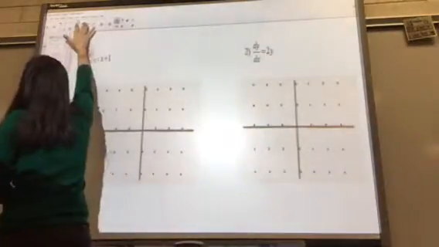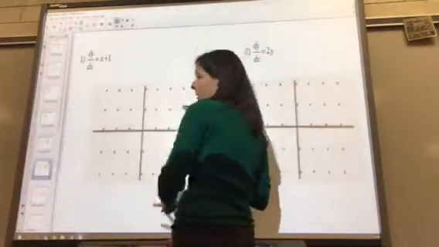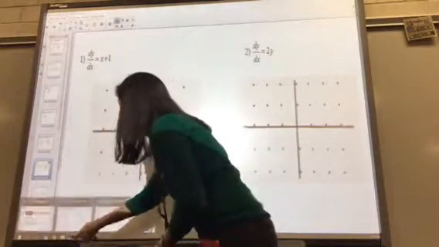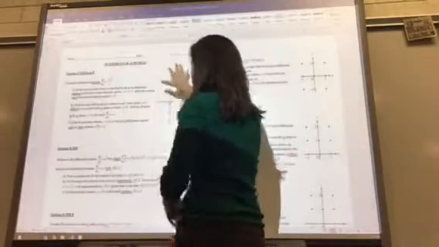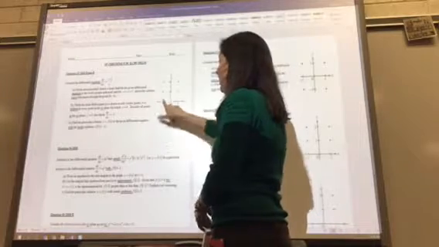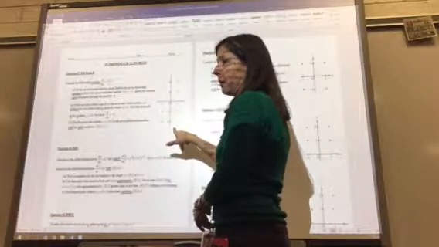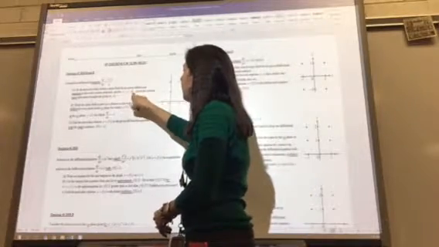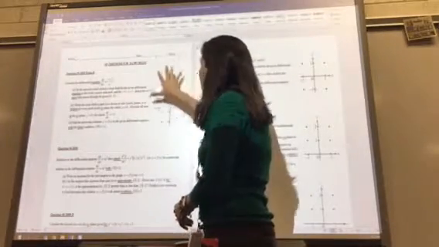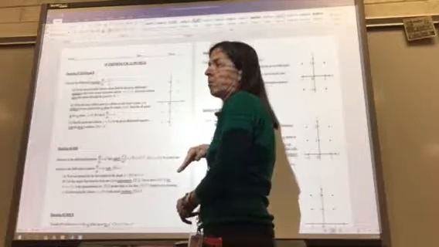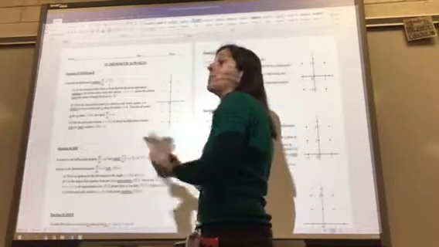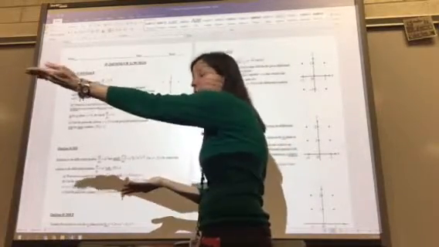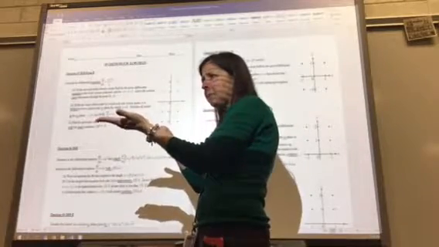On the AP exam, they're gonna be very specific about what points they want you to pick. Here it specifically said between -1 and 1, and they want you to do those 12 points.